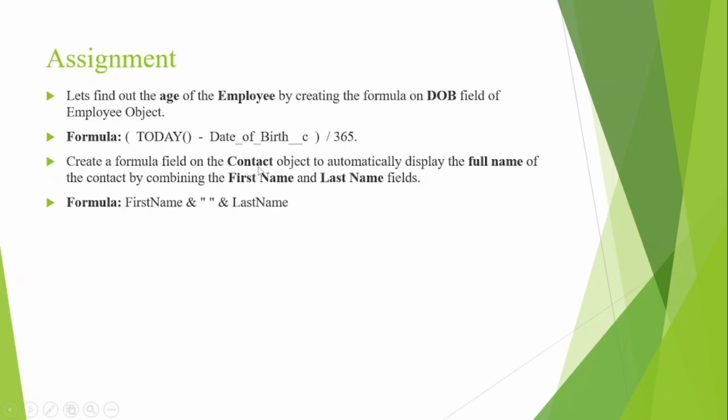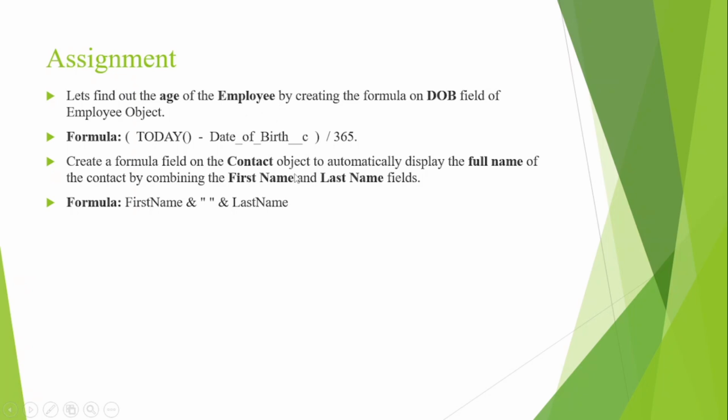This is a standard object. So we can create a formula on a standard object as well as a custom object. Here we are going to take two scenarios. First we are going to calculate the age on the employee object, as this is a custom object.